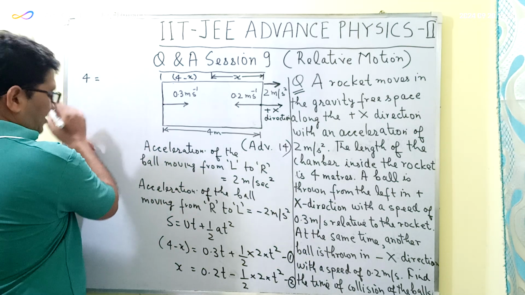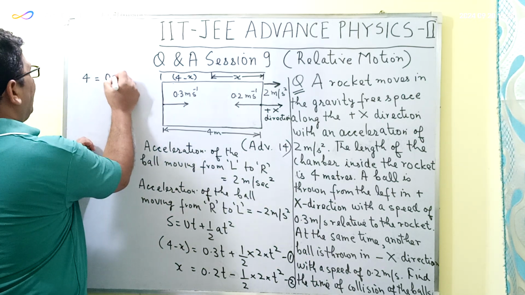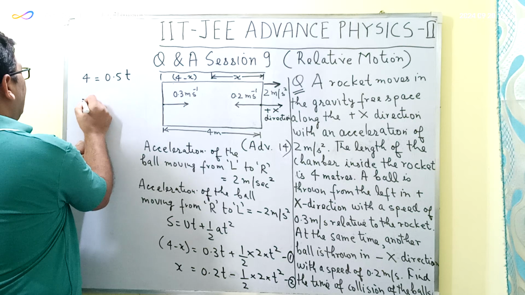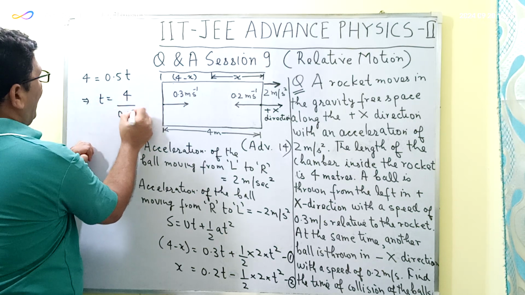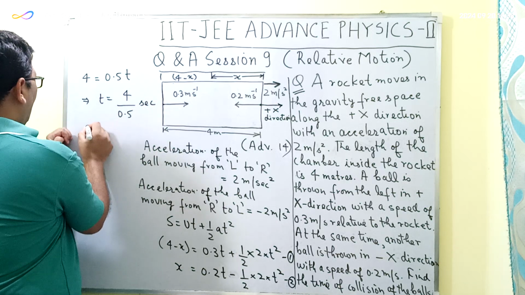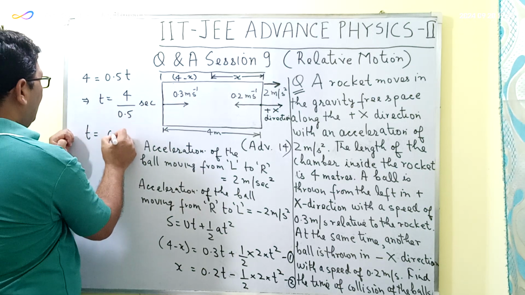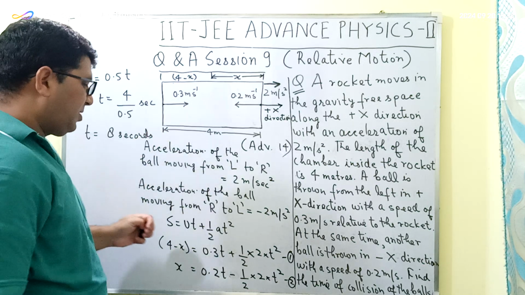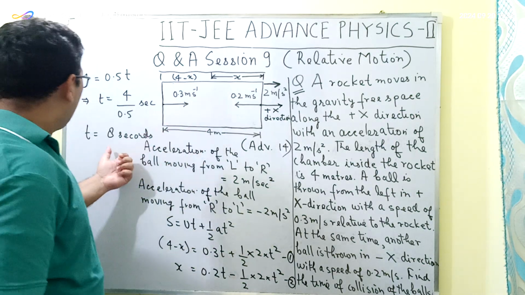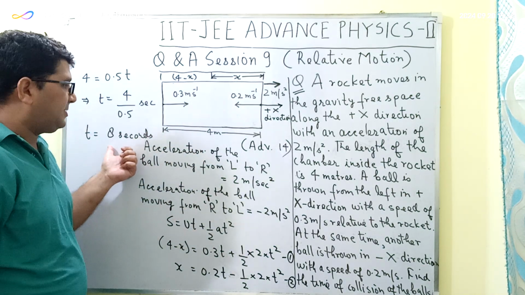Finally, on the right side of the equation, I will be left with 0.5 t. So it implies that t will be equal to 4 divided by 0.5 seconds, or t will be equal to 8 seconds. That is, these two balls will collide at t equal to 8 seconds.